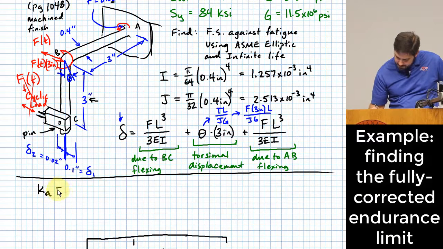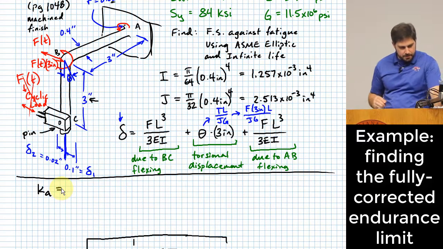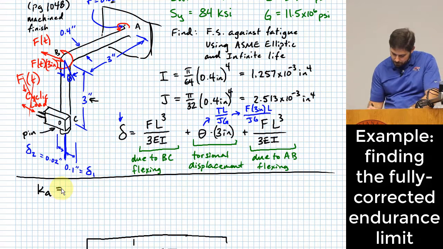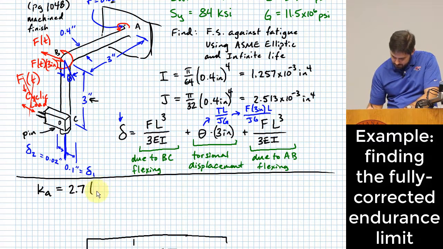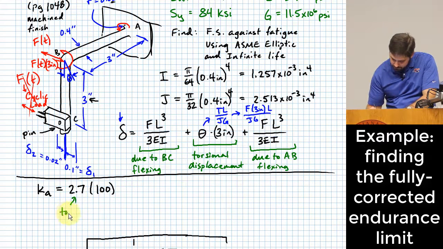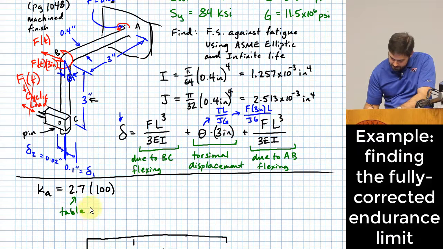That means I can take K sub A equal to 2.7. Where do I get that number? Okay, this comes from table 6.2.